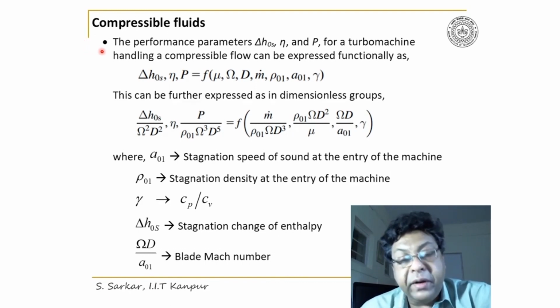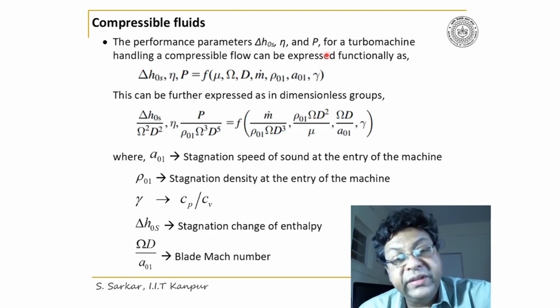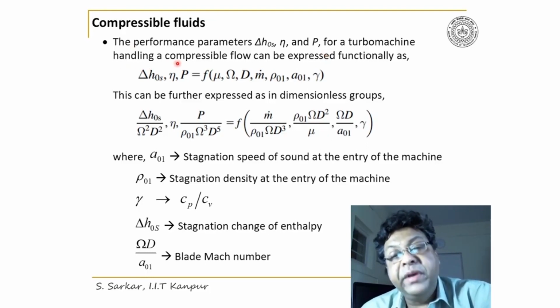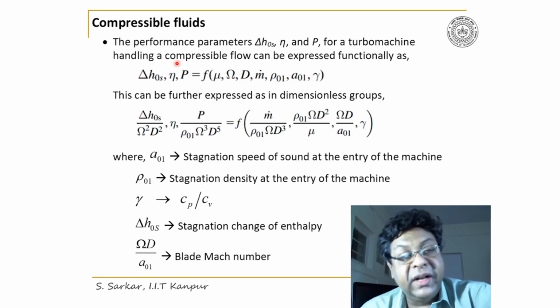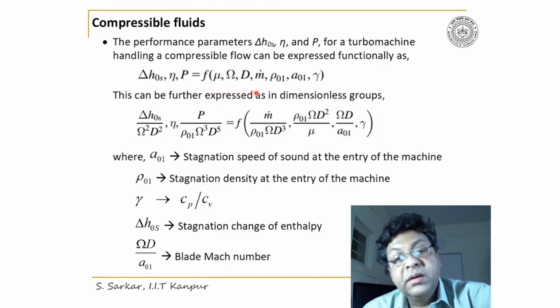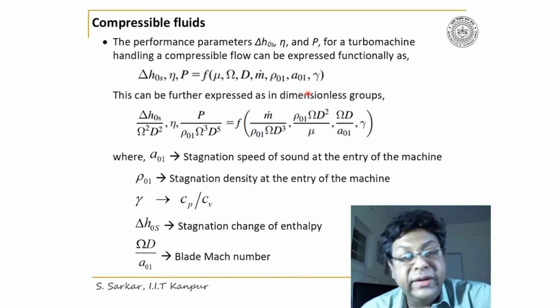Here the performance parameters, which are del H0s, that is isentropic enthalpy rise or drop, efficiency, and the power, eta and P, of a turbomachine handling compressible flow can be expressed functionally as: del H0s, eta and P is a function of mu, omega, d, m dot, rho 01, a01, and gamma.